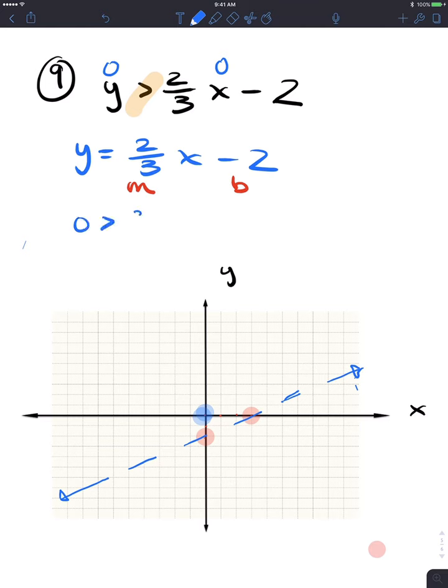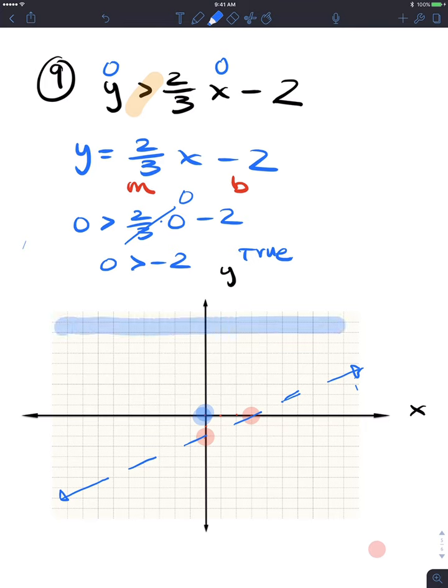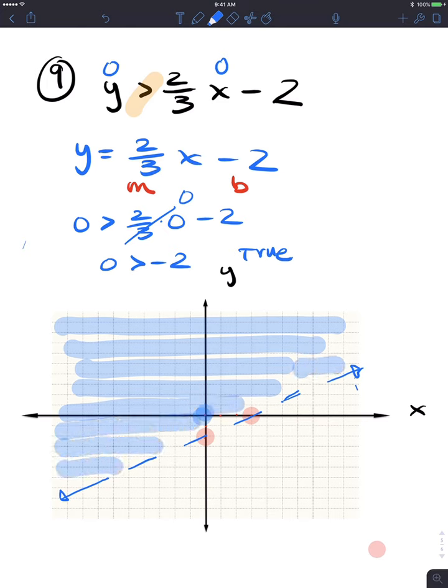Zero is greater than 2/3 times 0 minus 2. Anything times 0 is 0. So we're saying that 0 is greater than negative 2. This is a true statement. We're going to shade the upper left region. And you're done.